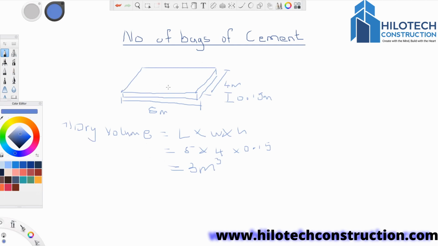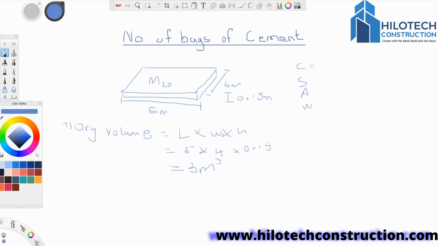Now first we need to know the quality, or the strength, of the concrete we are working with. Let's say we are working with M20. This M20 is the quality of the concrete which we aim at pouring. For M20, to pour this out you need cement, which is always denoted as C, sand, aggregate, and water.